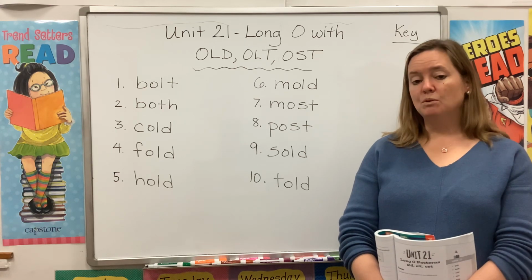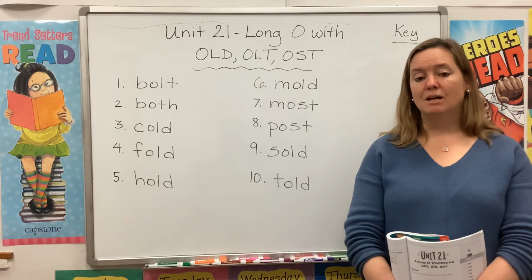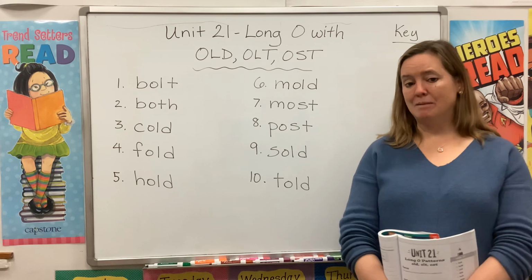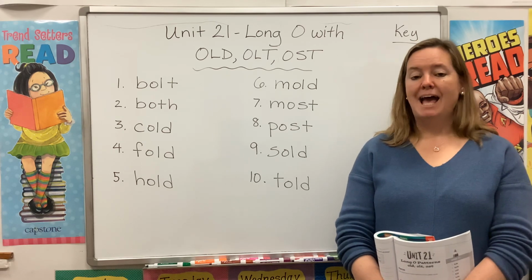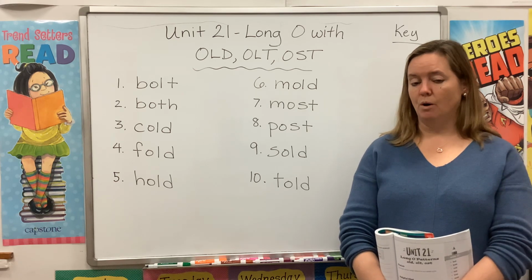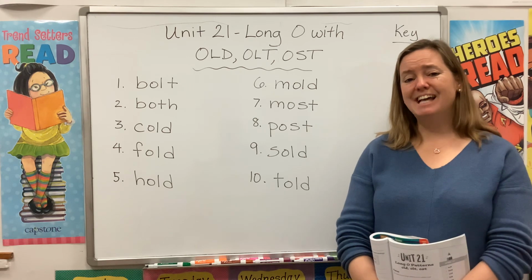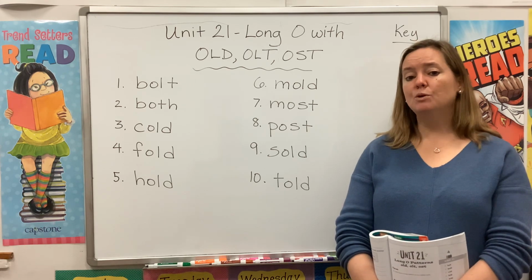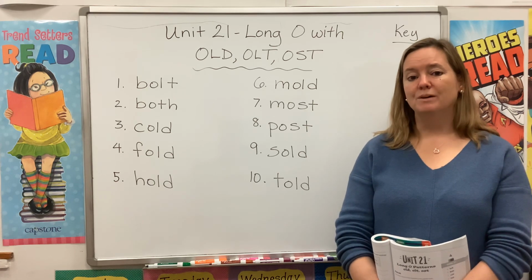Over the last few weeks, we have been focused on long O. We learned that you can make the O sound in the middle of a word by using the OA vowel team. And at the end of a word like bow or flow or snow, we can use the OW. So today I want to show you a few more patterns we can use to make that long O sound.